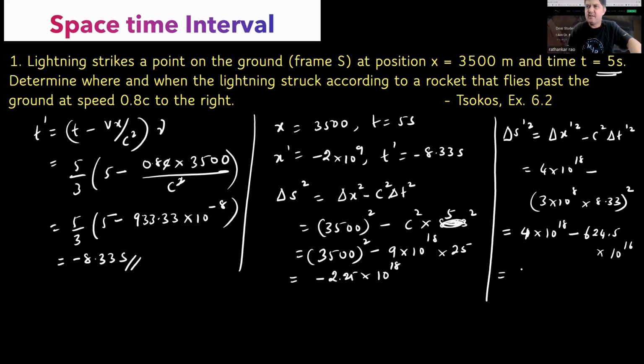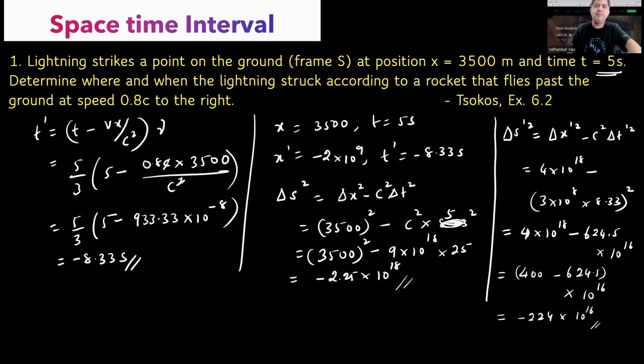I'll make this as 400 minus 624.5, maybe I would have missed some decimal points, into 10 to the power of 16. So this should now be 400 minus 624, which is minus 224 into 10 power 16, which is closely, you see, nearly equal. Here it is minus 2.25, here also it's minus 2.24 into 10 power 18.